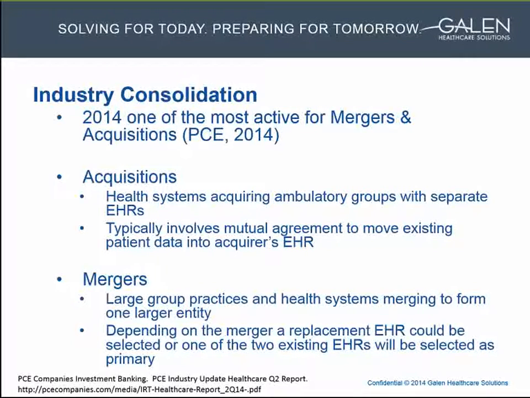Mergers would typically consist of large group practices or health systems merging to form a larger entity. Depending on the merger, a replacement EHR could be selected, or one of the two existing EHRs will be selected as the primary EHR, meaning that you could be converting two data sets into a new EHR or converting one into the primary EHR.